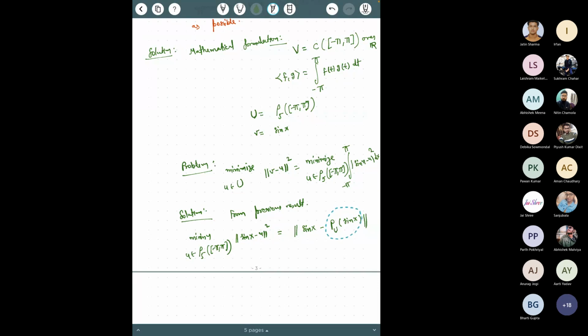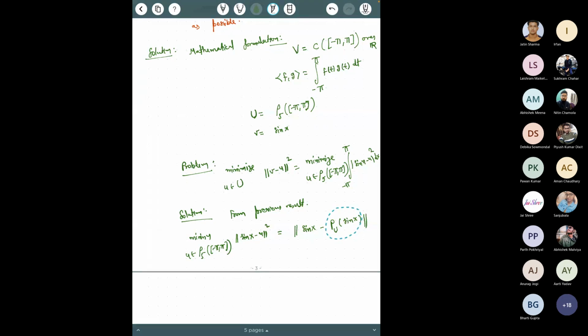I just want to mention that this best approximation gives us another way, a linear algebraic way, to approximate a given function.